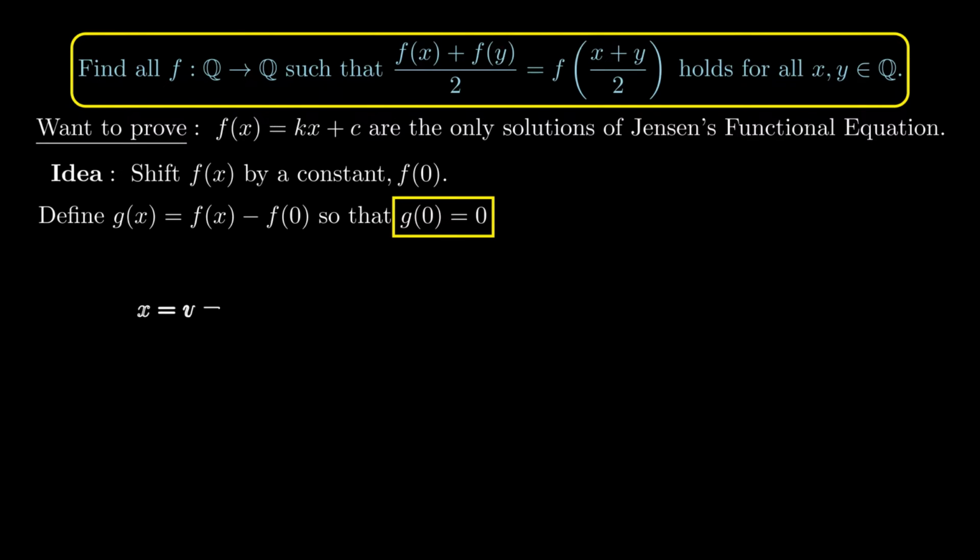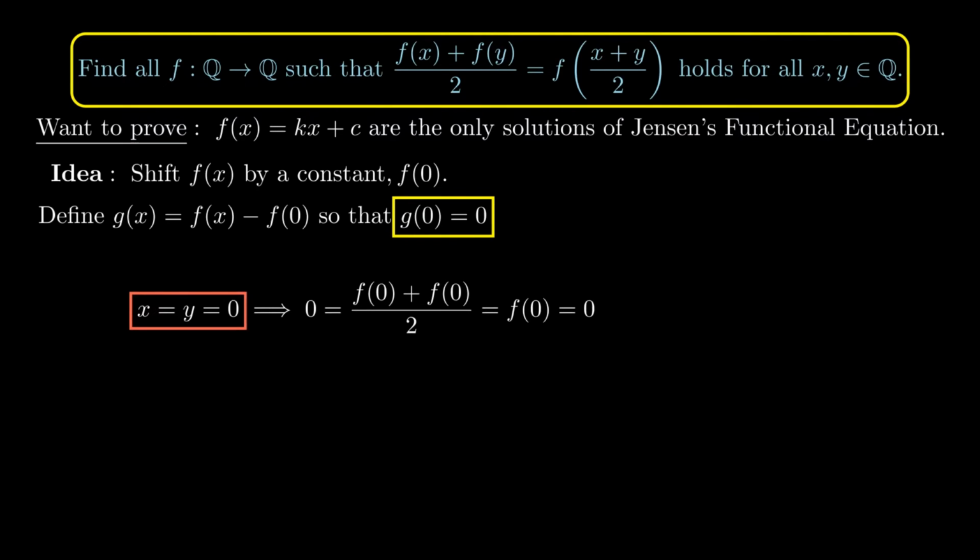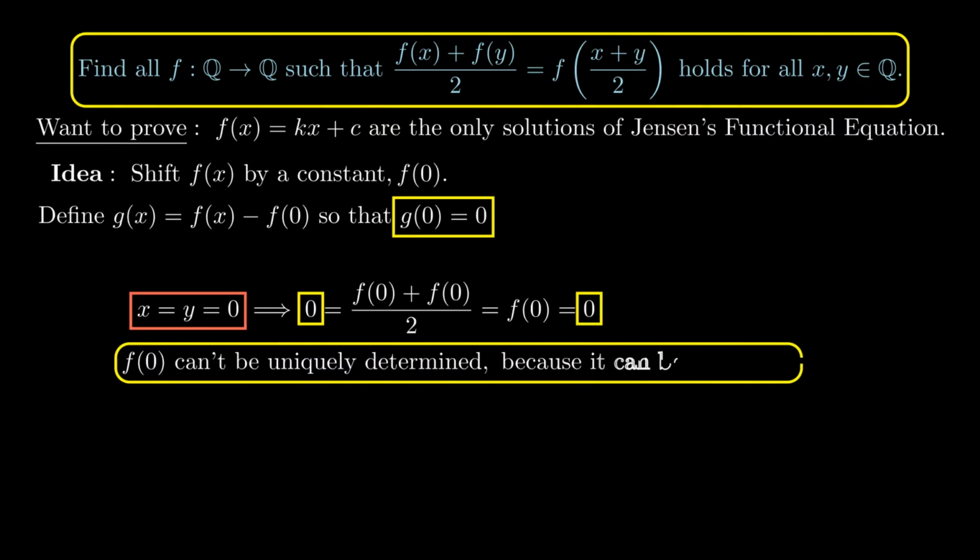Also, this is motivated by the fact that if we just set x and y to be equal to 0 in Jensen's functional equation, it will just give a tautology where 0 is equal to 0. So f(0) can't be uniquely determined, and the reason is simple. It can be any value, as all linear functions f(x) = kx + c are solutions, as we have just guessed.